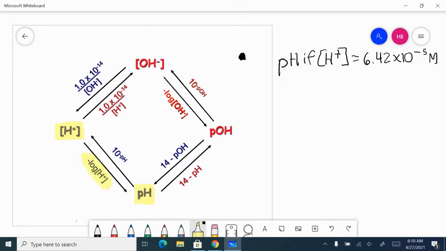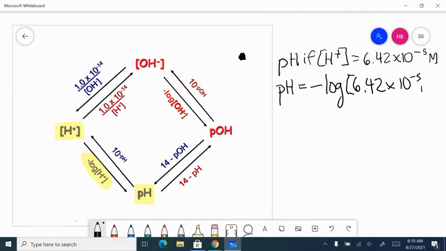And it says negative log of H plus. So the pH is going to equal the negative log of the concentration of H plus. Remember, those brackets mean concentration.